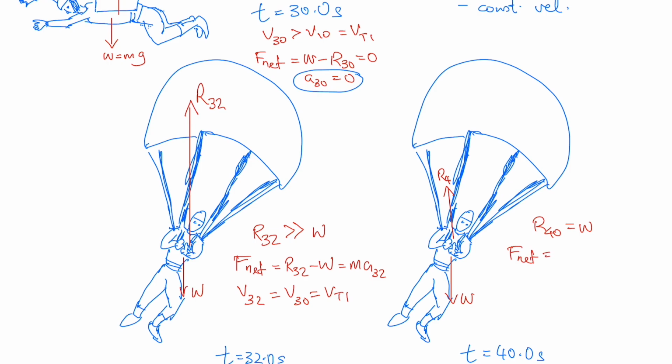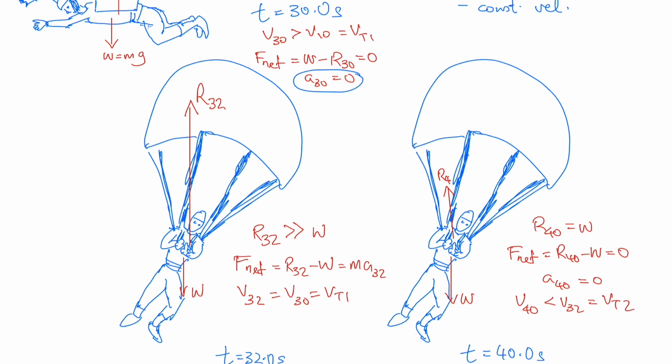And at this point, the net force, again, R40 minus W is equal to 0. So the acceleration at 40 must be equal to 0. And the velocity now at 40 seconds is smaller than the earlier terminal velocity at 32 seconds.